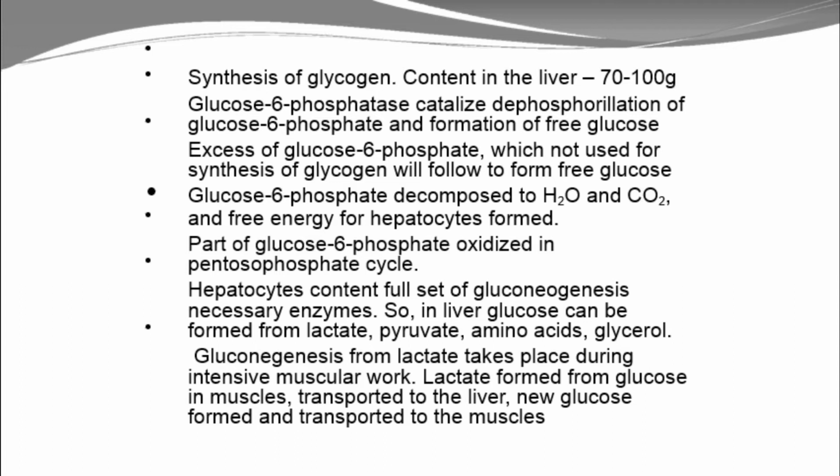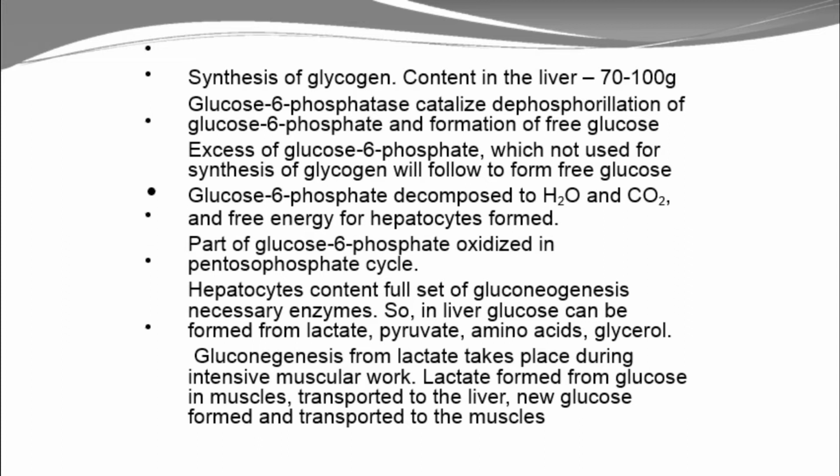But if we have an excess of glucose 6-phosphate, glycogen will be synthesized, and if those stores are not used, even after forming glycogen, if we still have an excess of glucose 6-phosphate, then it will be decomposed to water and carbon dioxide. At the same time, it produces a little amount of energy which is given to the liver cells.